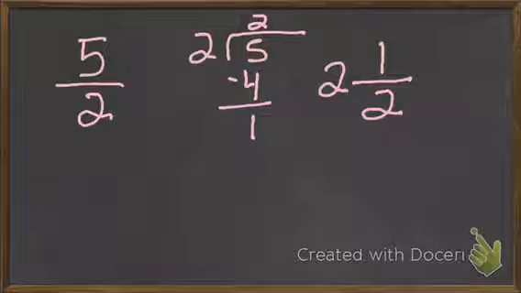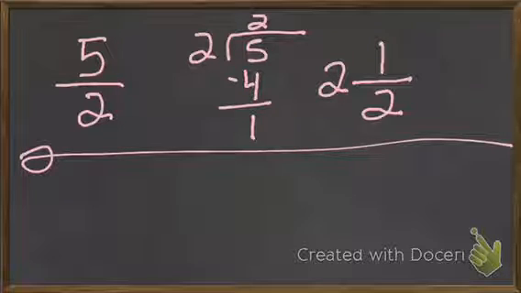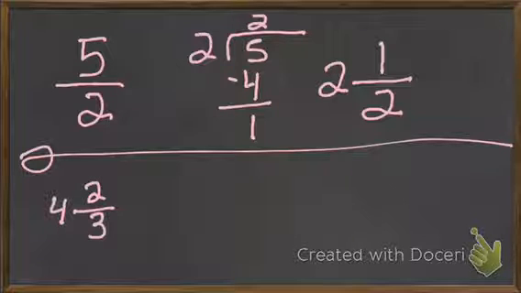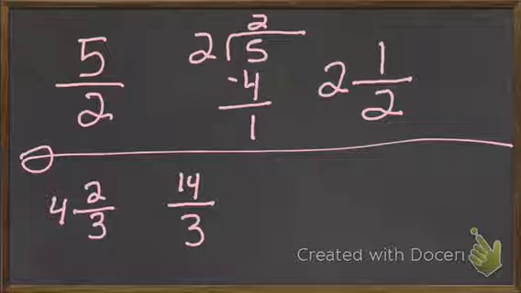Now let's say I am going to change a mixed number to an improper fraction. So I'm going to say 3 times 4 is 12, plus 2 is 14, divided by 3.